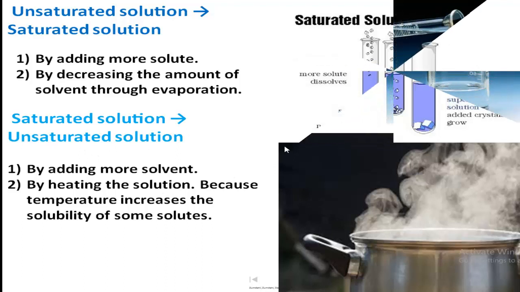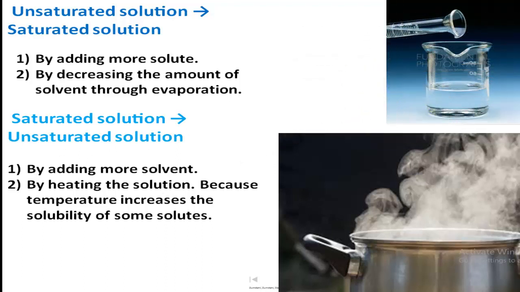Follow the picture. When we add more solvent into a saturated solution, it converts into an unsaturated solution, because at that time the dissolved amount of solute will be less than the maximum amount.